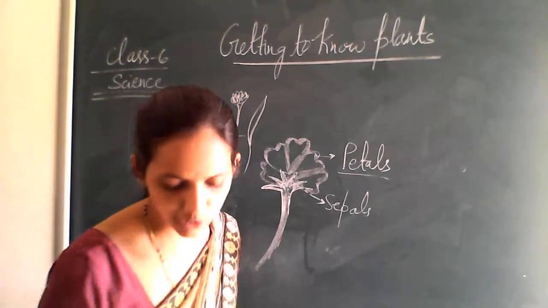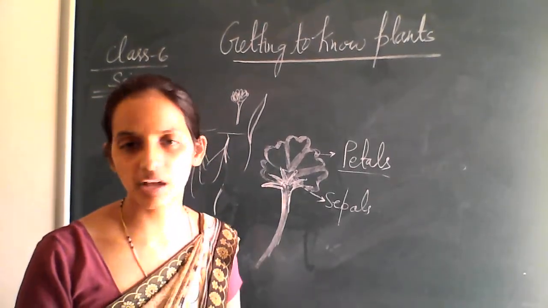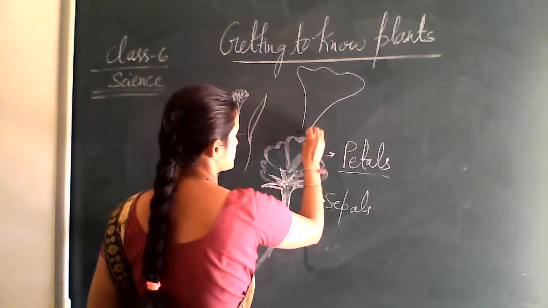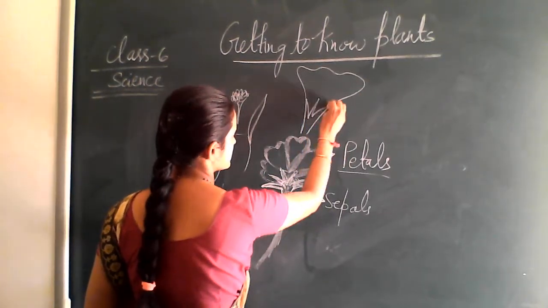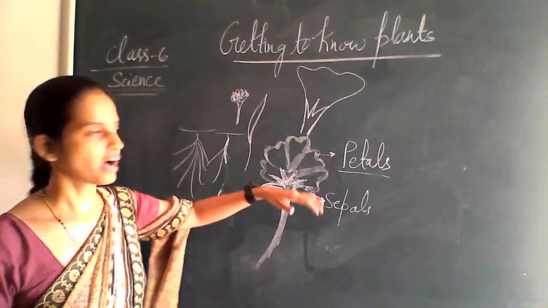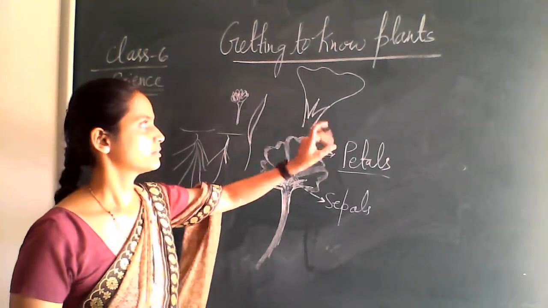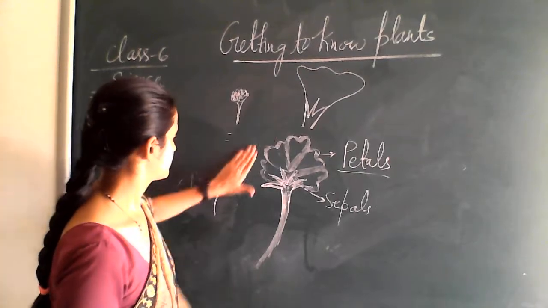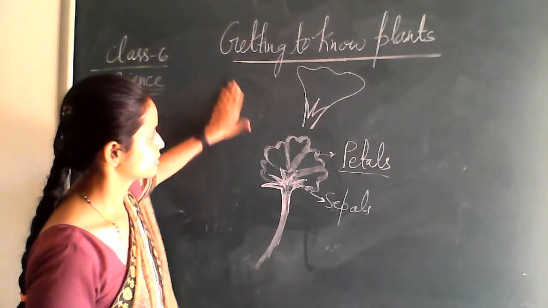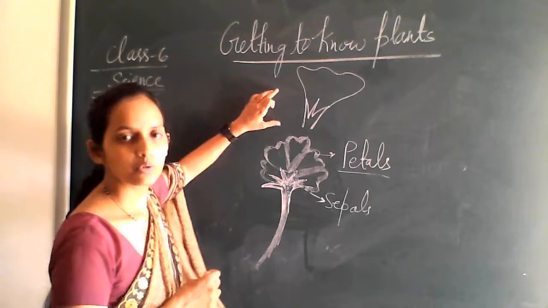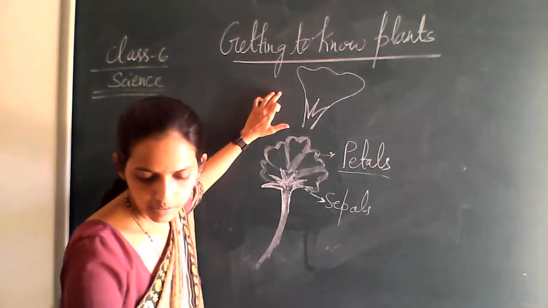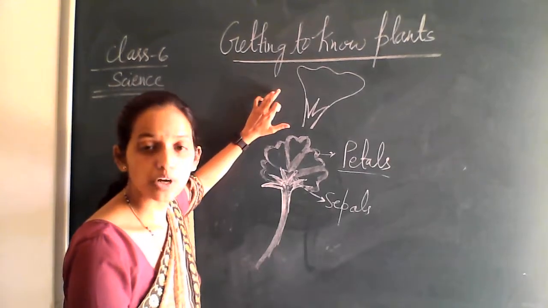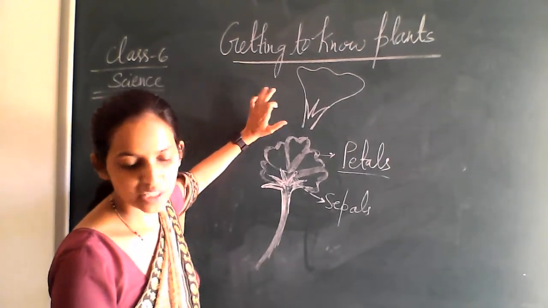But in case of your dhatura or the bell-shaped flower, what happens? You have a bell-shaped flower like this, right? Or the dhatura plant. Okay, so dhatura, as they have shown in figure 7.21, is a bell-shaped flower.